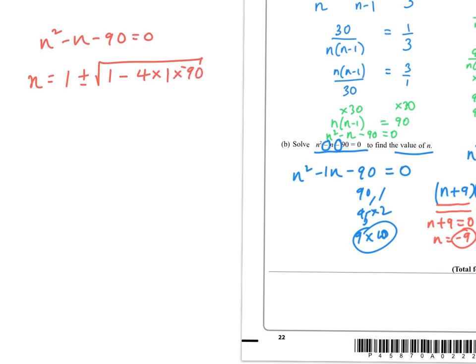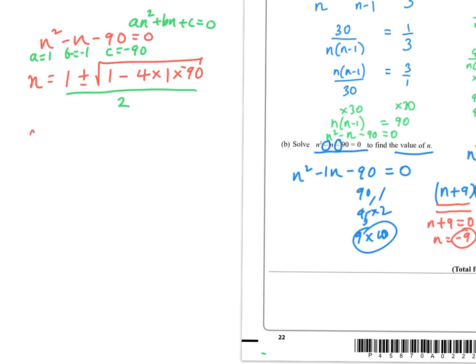Now I say this because a in this case would be 1, b would be negative 1, and c would be negative 90, because you've got a formula really in n, an squared plus bn plus c is 0. So it's just like n is x. So, and then we've got all over 2a.